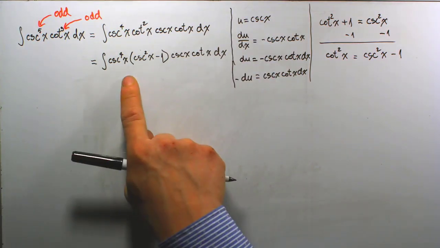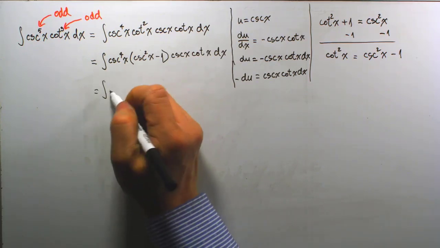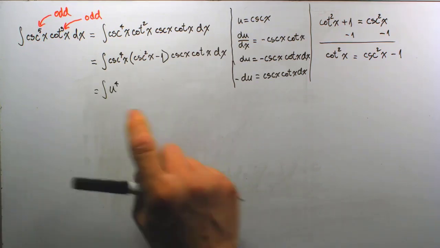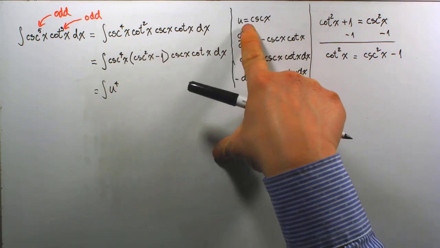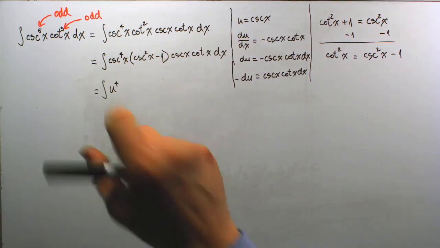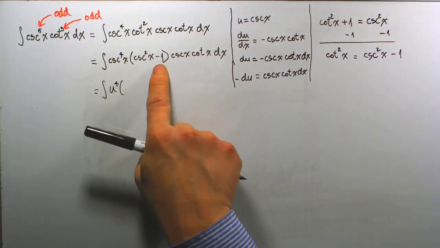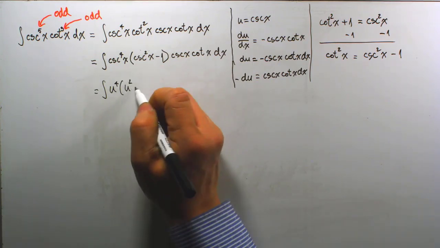The integral in the next step becomes an integral of u to the fourth, because the cosecant is substituted by u, so cosecant to the fourth becomes u to the fourth. In parentheses, the cosecant squared becomes u squared minus 1.